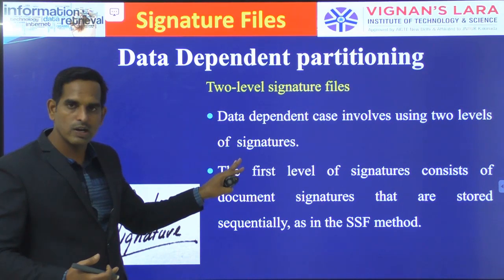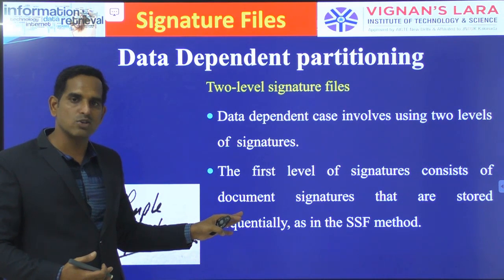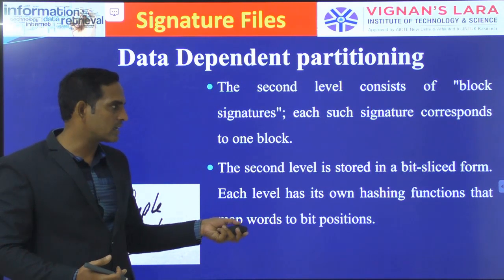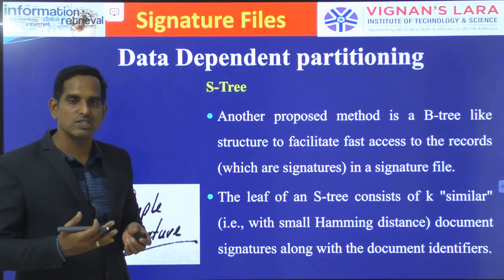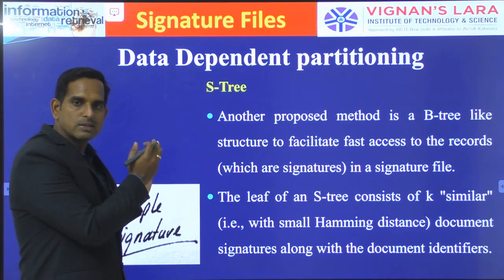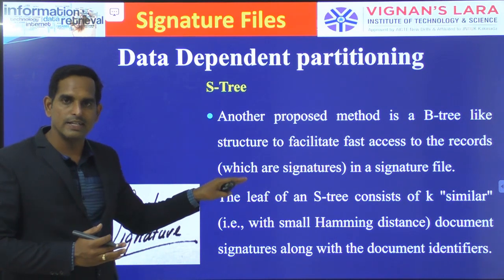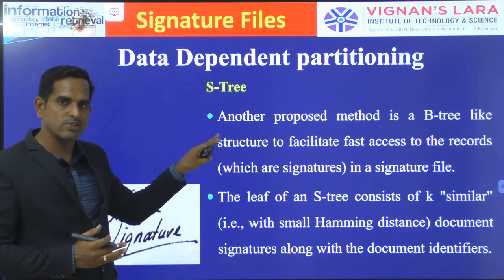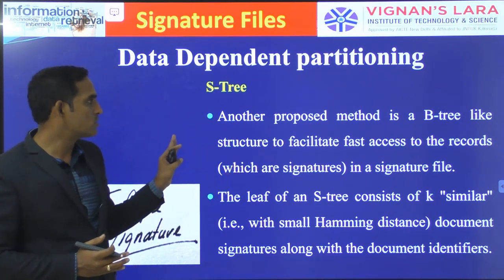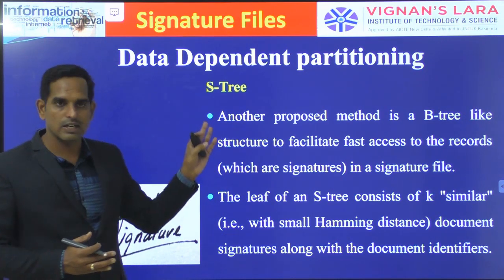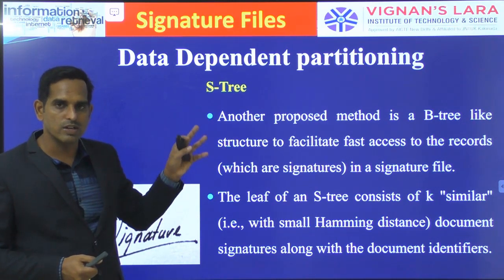We have taken a two-level signature file where we will be having one level as your document signature and another level as your block signature, and also another method called S-trees, where you will be creating a B-tree of signatures, where you will be having similar signatures as your leaf nodes at the lower level end. Your searching will be very fast and you will have less space overhead when you go for S-trees. This is about the complete part about your partitioning, that is vertical partitioning and horizontal partitioning, and also your signature file.